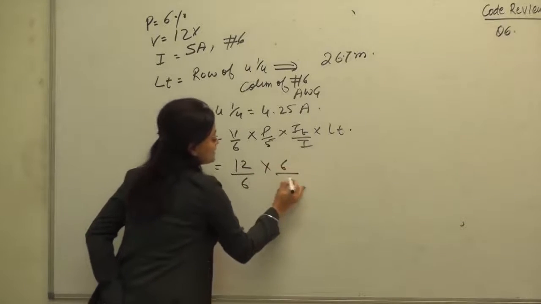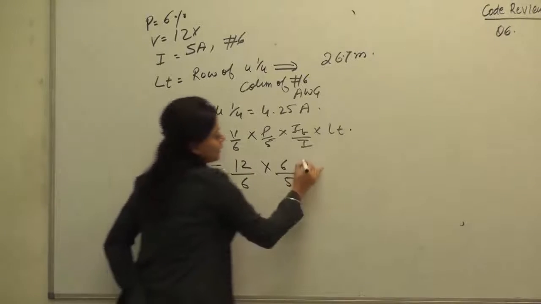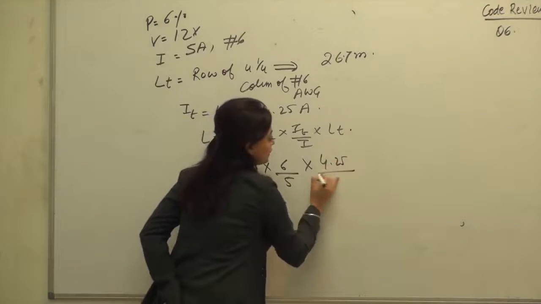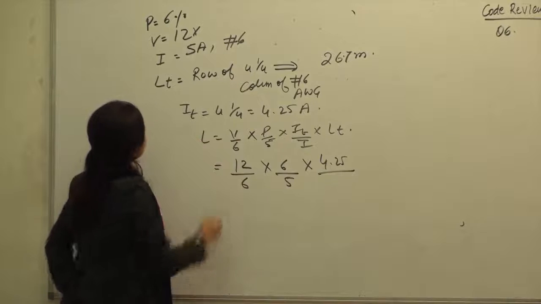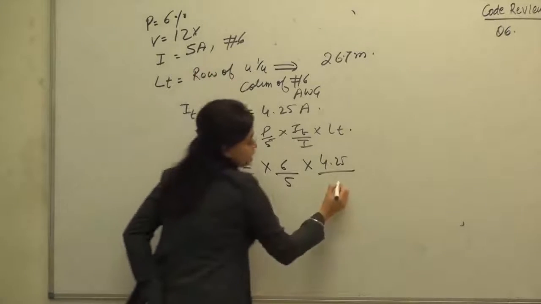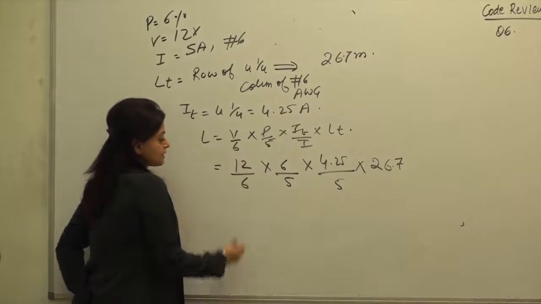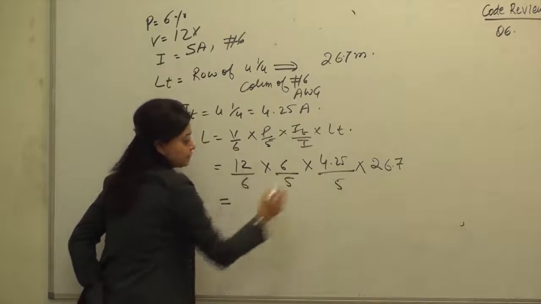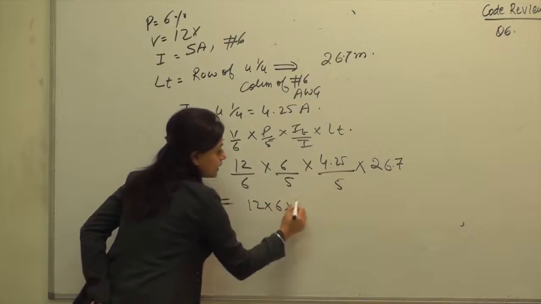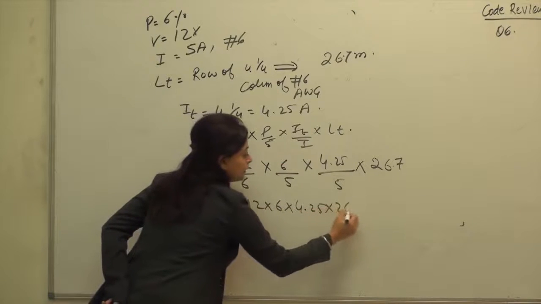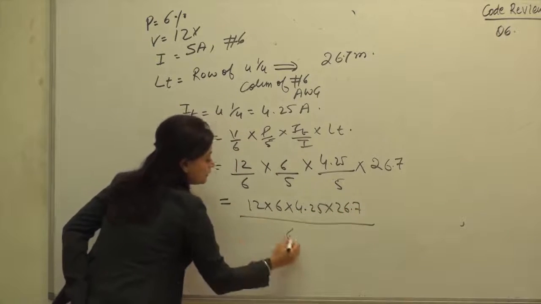Percentage drop is 6, I'll divide that by 5. Current from the table is 4 and a quarter divided by I. I'm working with 5 amps, and length from the table is 26.7.